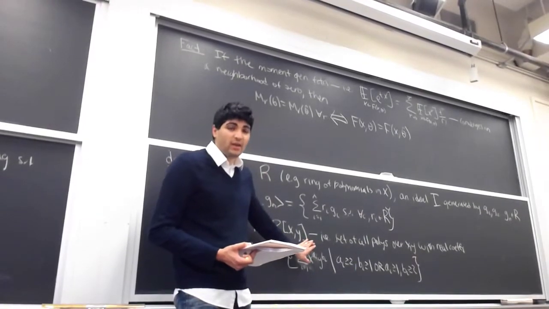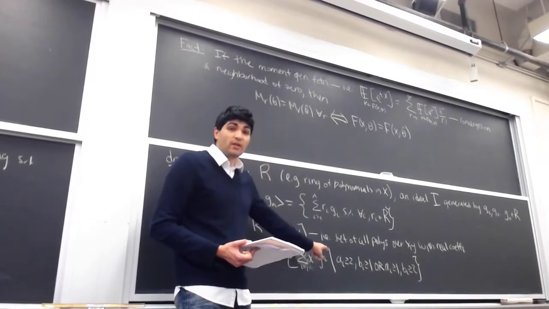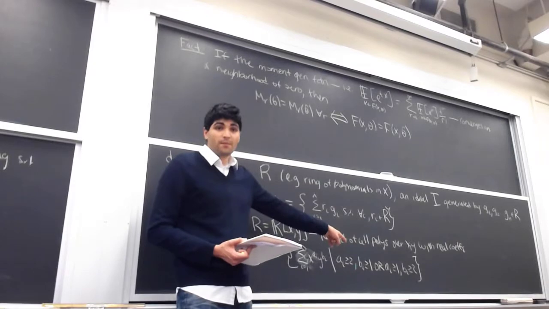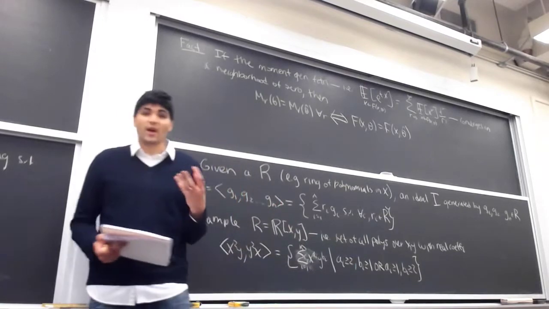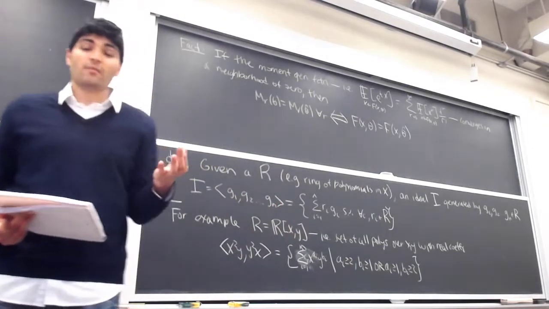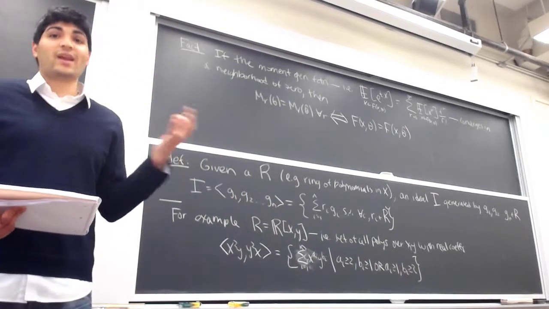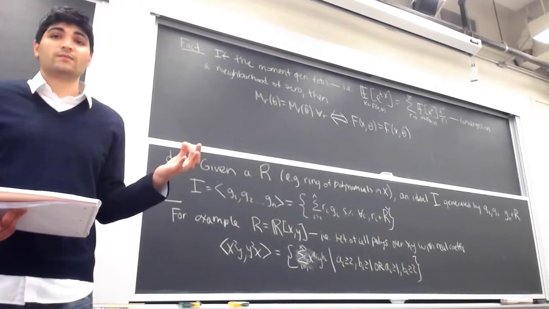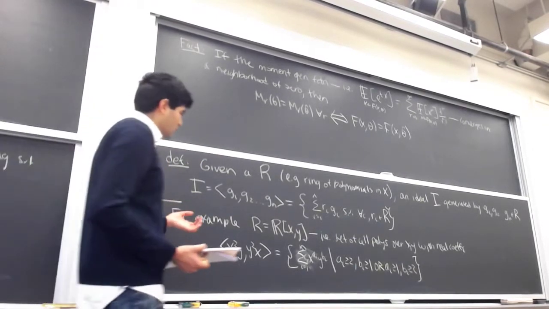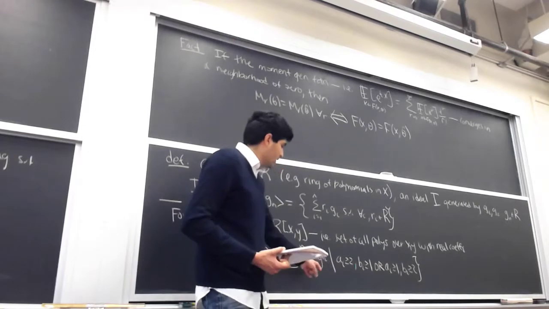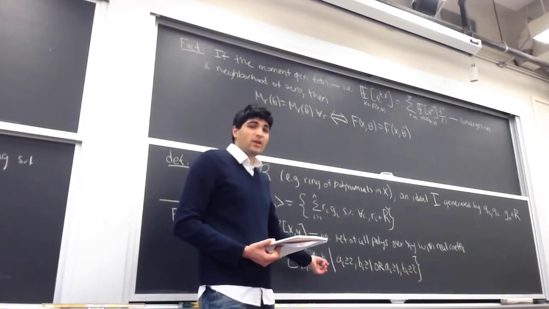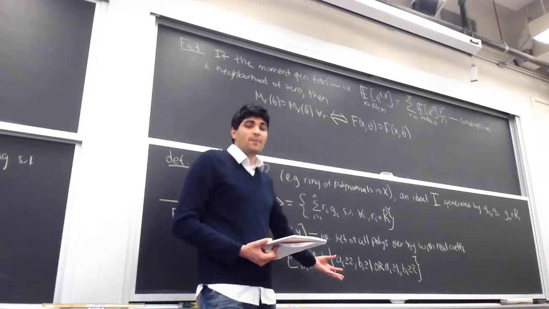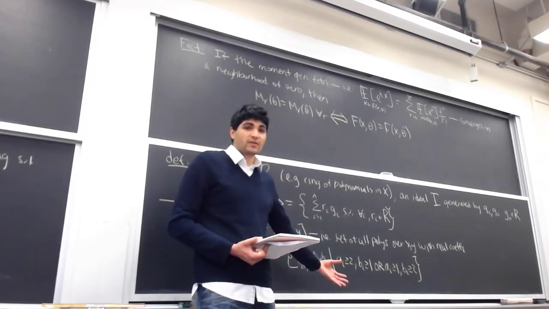The way to think about it is I can certainly generate any x to the ai, y to the bi of this form with these constraints on ai and bi. Then any finite combination of those, I can scale them by constants and add them up however I want. So what's important is the types of monomials you can generate in this ideal, and then you're allowed any linear combinations of those monomials.